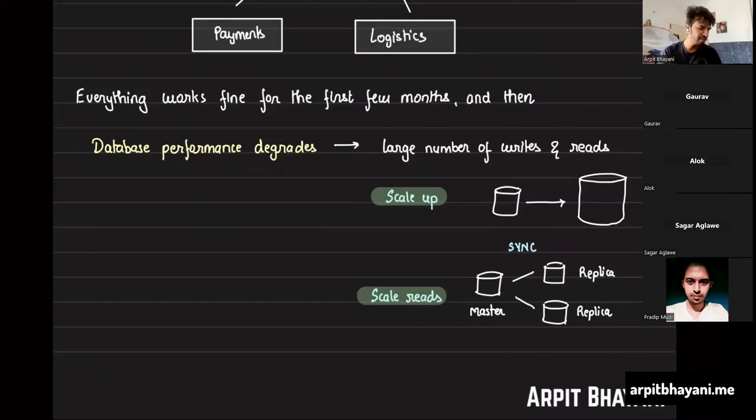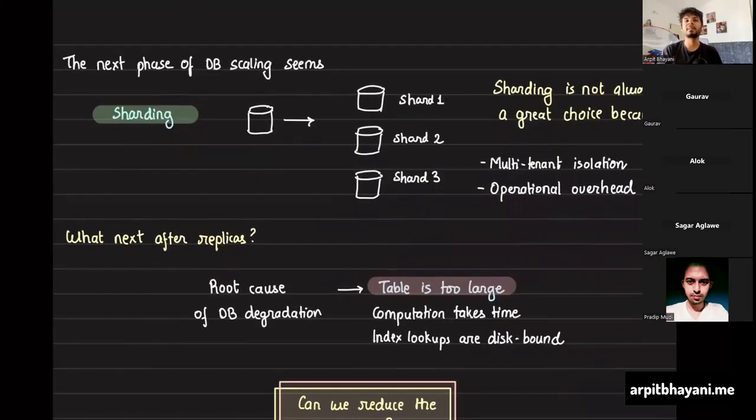You say, let me just add a read replica on my master database and transfer my reads to the read replica. This way I would be able to scale the read requests. That works well. Now you're getting even more orders, which means more write requests, which one vertically scaled up node cannot handle. What do you do? You shard it.